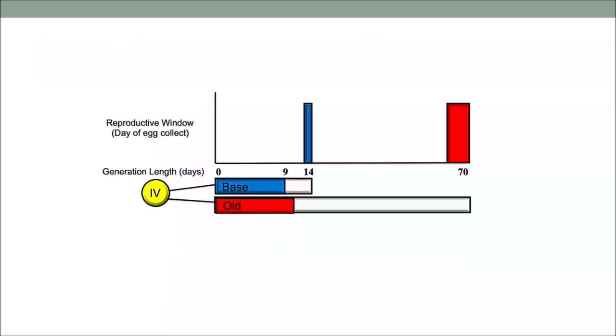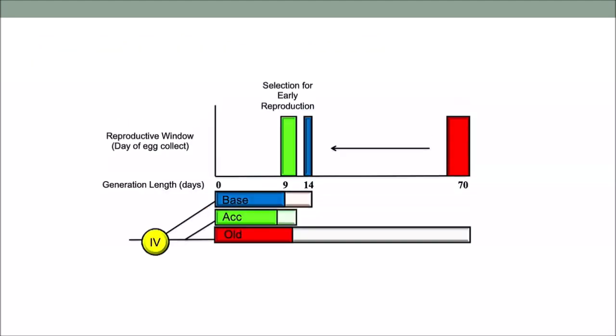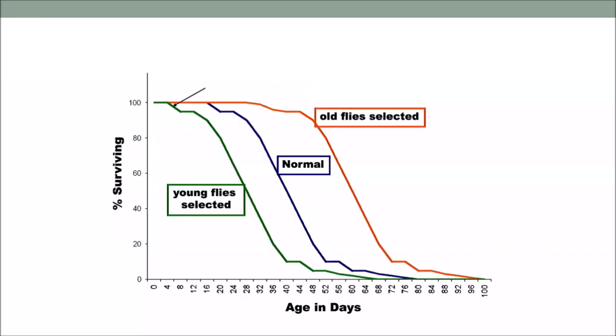So again, going back to this fly system, they move all the way back to day 9 to day 10 to try to select for early reproduction, reduced longevity, accelerated development, however you want to characterize it, right? I will say there's a hard limit where you can't really seem to get to 7 days. At some point, you run into limits of development. And when you look at that, you get the expected pattern where survivorship is shifted in the other direction. These populations are not living quite as long anymore.